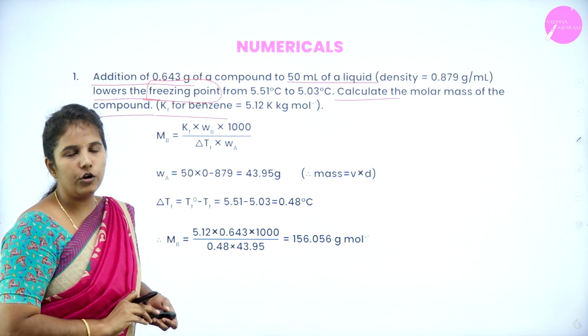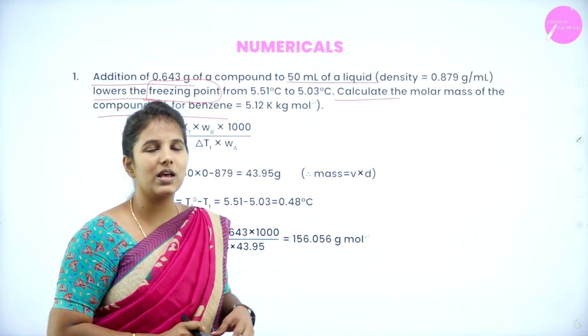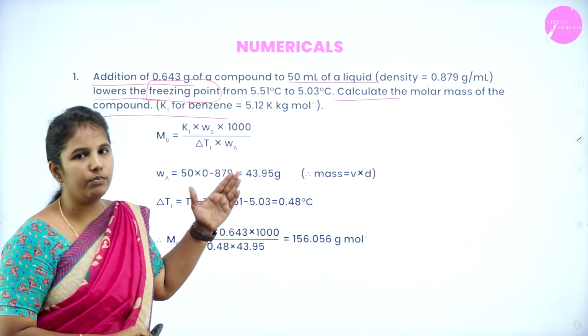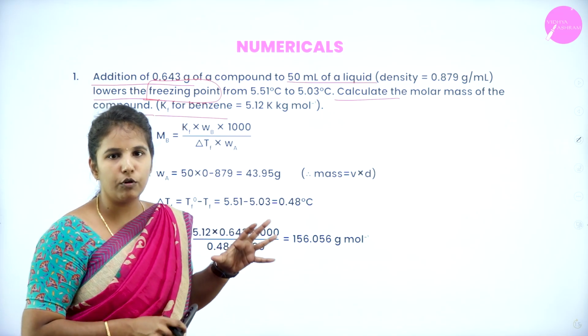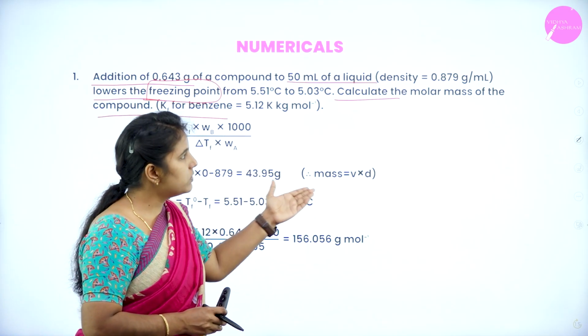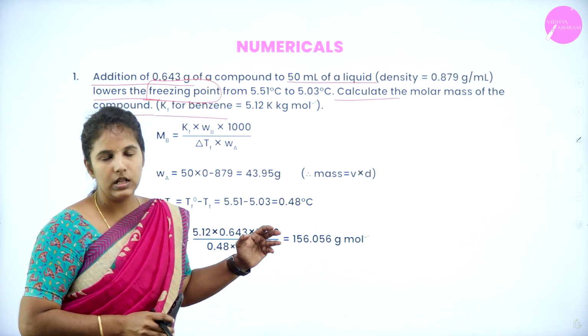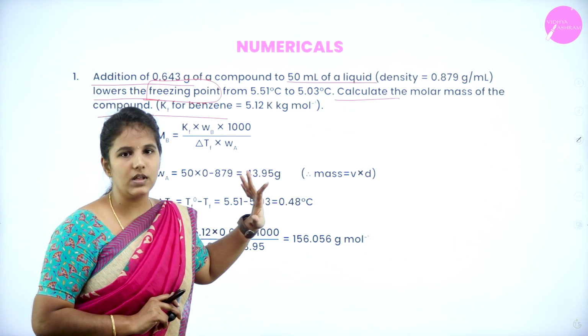So from the numericals only, they have given the information to calculate the freezing point of the solution. We all know how to calculate the freezing point depression using the molar masses. So if you know the freezing point of the solution, we can easily calculate the molar mass of the solute.